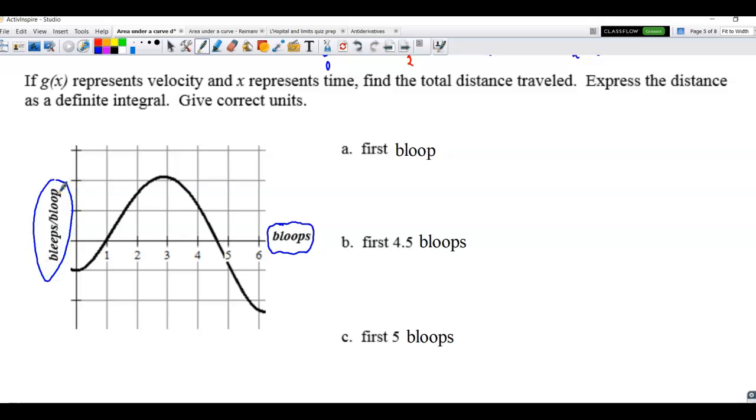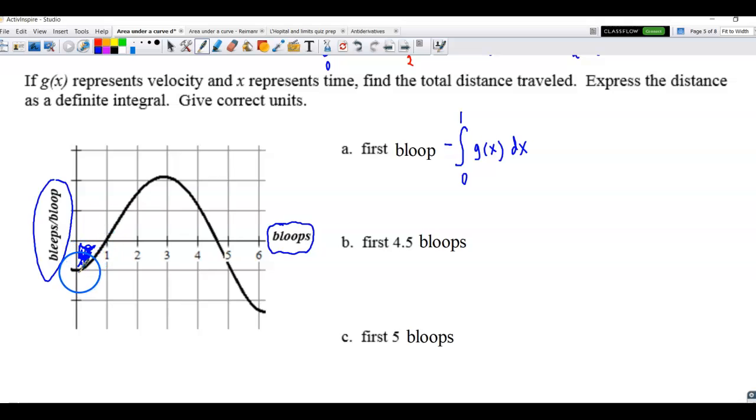I would encourage you to stop the video, to do these yourself, and to go back and see if you get it. That way you'll have a good idea of whether you're tracking with this or not. All right, so we want to find the distance traveled during the first bloop. So we're going to accumulate the area starting at 0, stopping at 1, but I notice that that region is negative, so I'm going to negate that to force the area to be positive, under g of x dx.